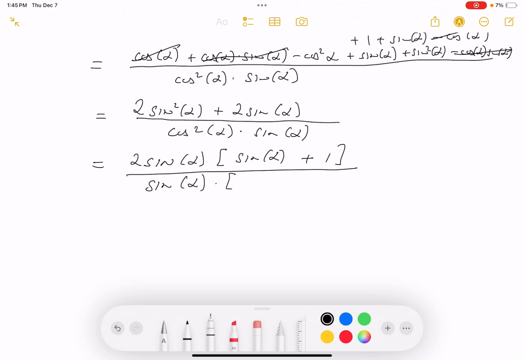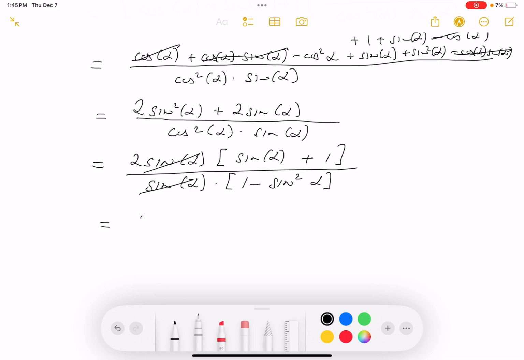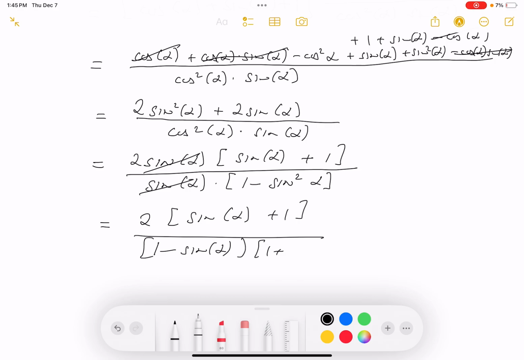And the cosine squared, same thing as 1 minus sine squared alpha. I'm going to factor that. This cancels off. And again, this alpha is between 0 and pi over 2. It's safe cancellation. You get 2 sine alpha plus 1. On bottom, you get 1 minus sine alpha. And you get 1 plus sine alpha.